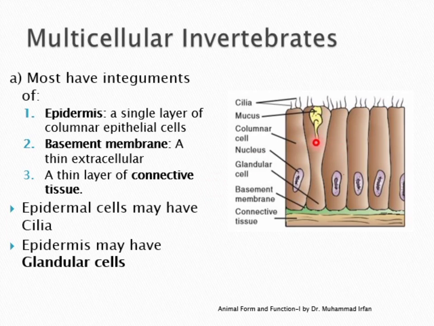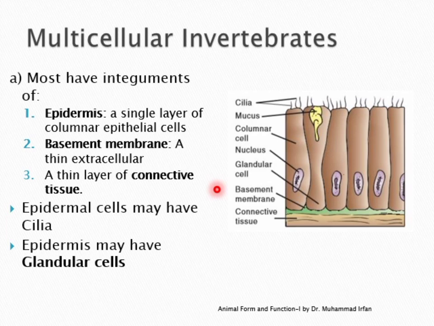They could be cuboidal, meaning all the dimensions of the cells would be the same, or columnar cells, in which the height of the cell would be more than the breadth and the width. And then there could be flat, leaf-like cells, which are called squamous.